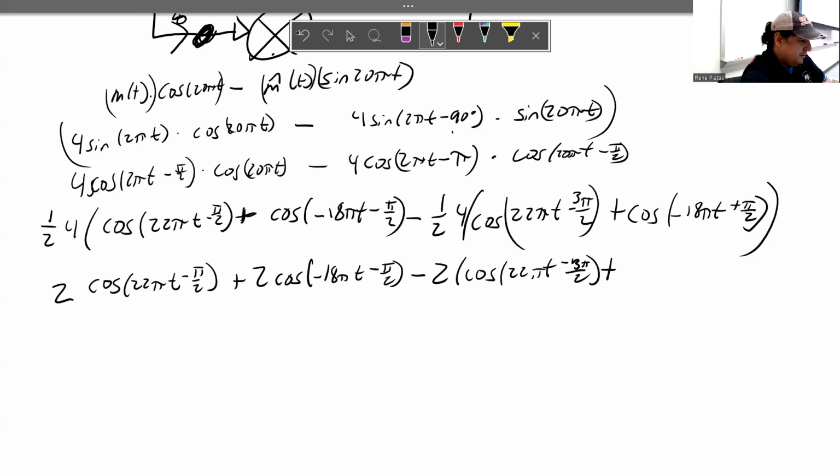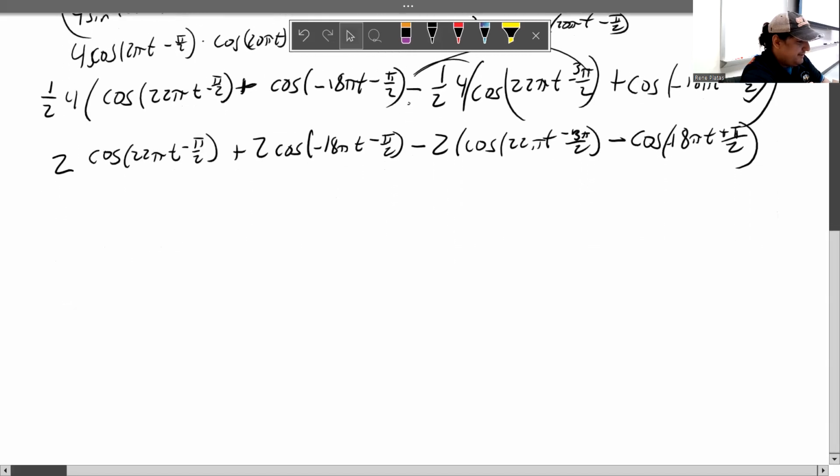Plus, hold on, this is a negative because the negative here distributes: minus 2 cosine of -18 pi t plus pi/2. Combine like terms, I don't see any like terms.